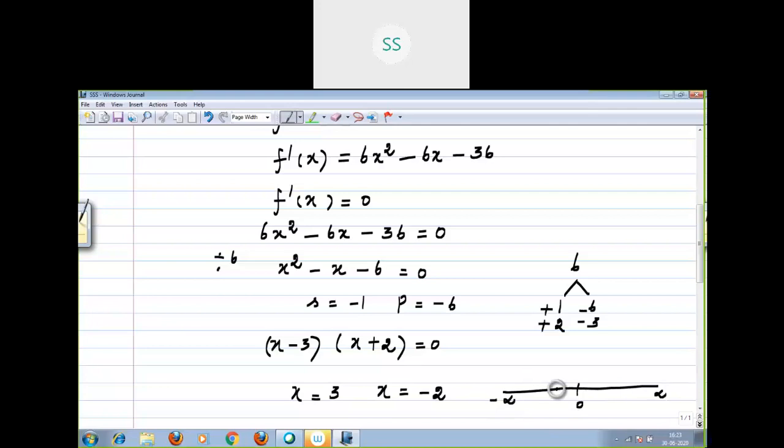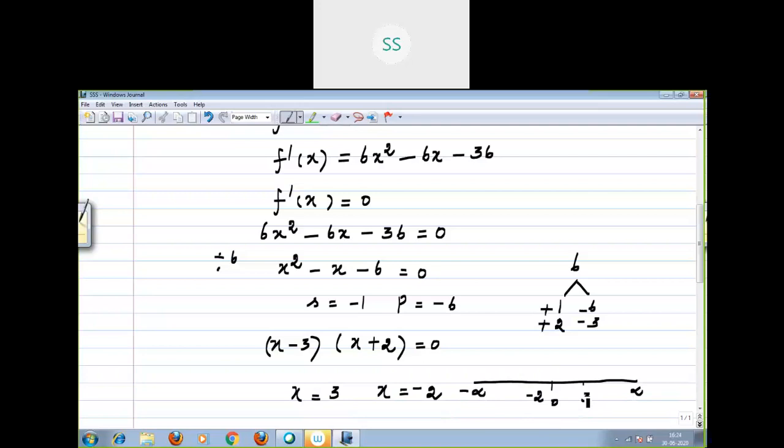This is x equal to minus 2. This is your real line, minus infinity to plus infinity. This is your middle point. Here it acts as minus 2. This is imagination only, right? Not perfect. This is your 3.